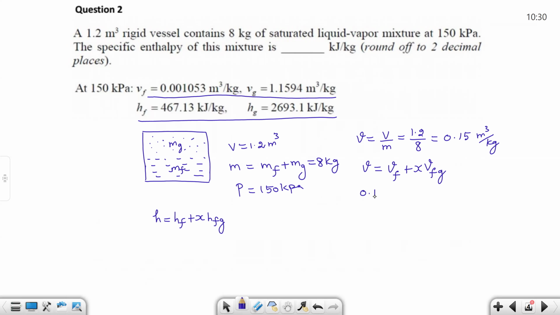So v is 0.15. We know that vfg is equal to vg minus vf. vf is 0.001053 plus x into (vg minus vf), where vg is 1.1594 minus 0.001053.